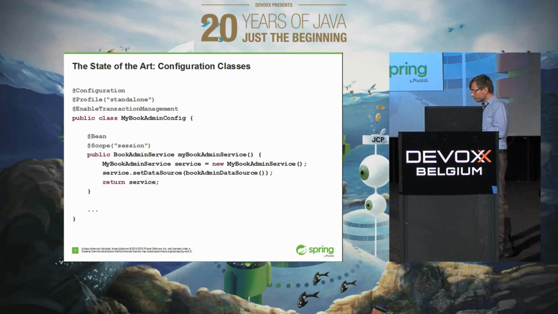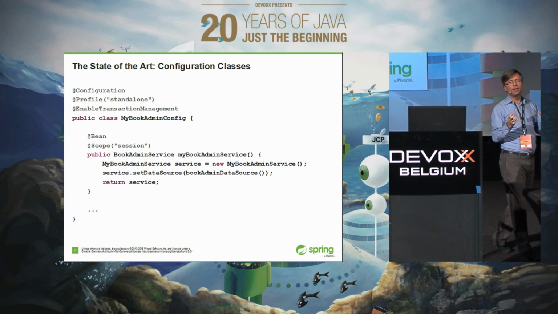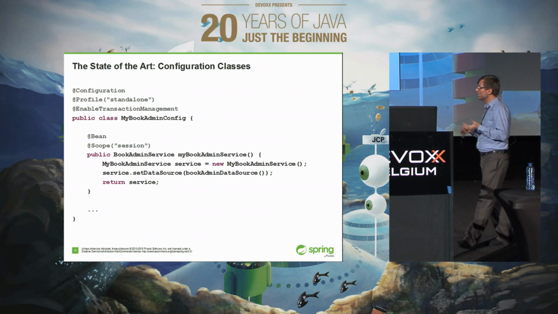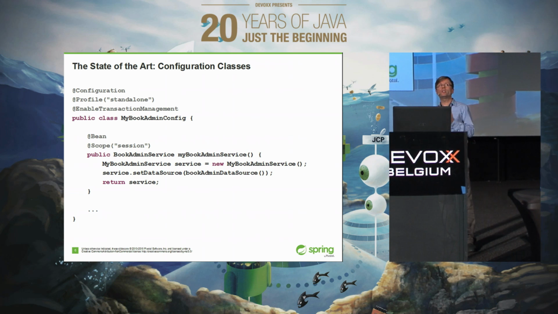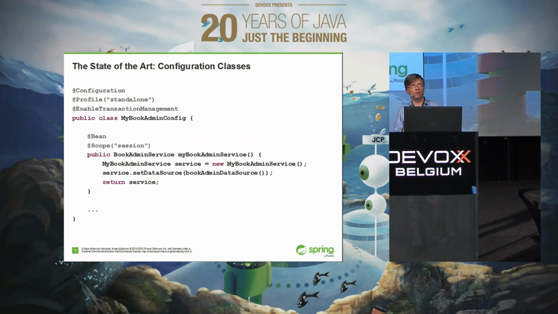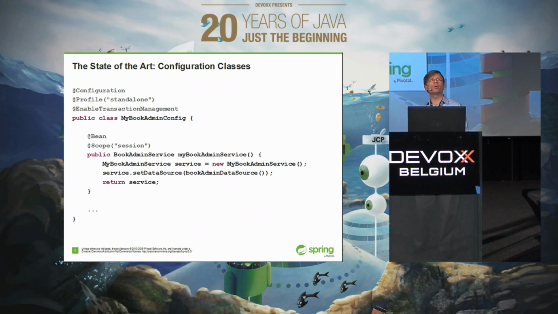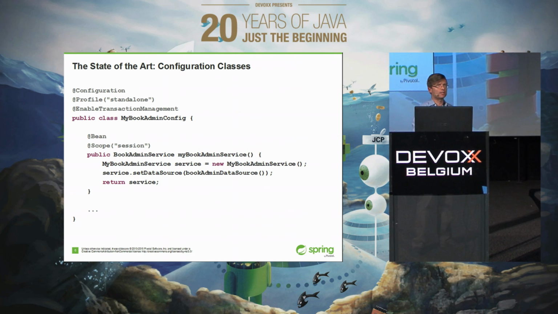@Profile above is an example for a condition. And both the @Enable annotations and the conditions can be found in Spring Boot, heavily. I mean, Spring Boot is basically conditions and @Enable annotations on steroids. It really shows you how far this can be taken. So if you want to see the full power of the Spring Framework 4 configuration class model in action, just have a look at how Boot works, how some of the Boot configuration classes are designed.